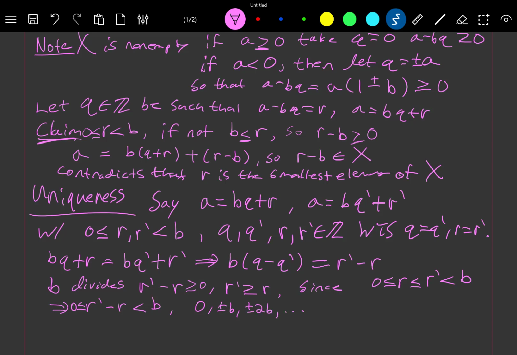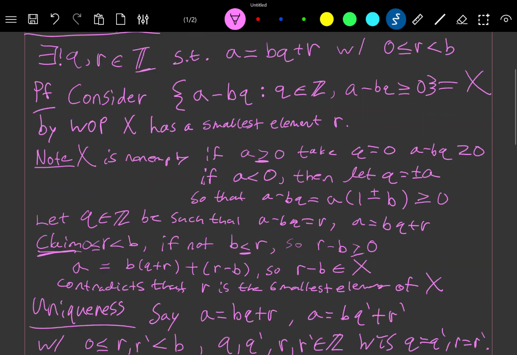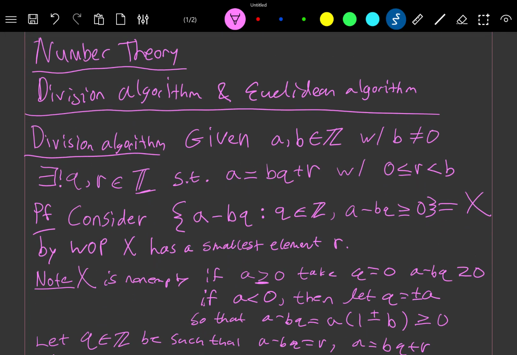But none of these multiples are strictly between 0 and B, so that implies that R prime minus R is 0, and since B is not equal to 0, that also tells us Q minus Q prime is equal to 0, or R equals R prime and Q equals Q prime. So this is how we can get uniqueness from the Euclid or division algorithm.